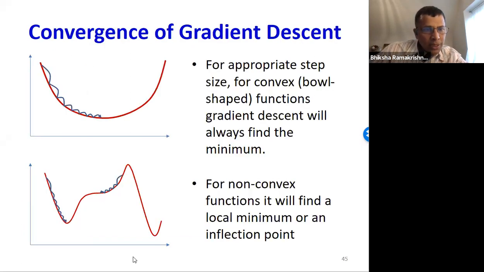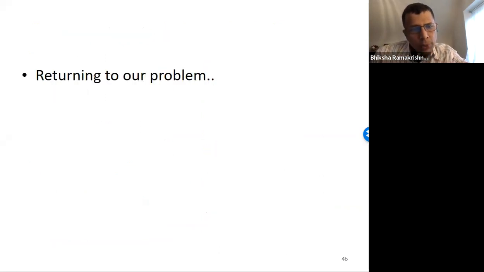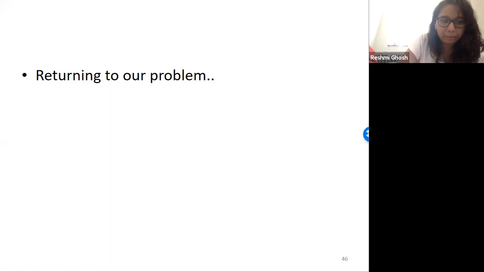And this will work really nicely for functions of this kind. If you've got ugly functions of this kind, then you can get stuck in local minima, you can get stuck in inflection points, nasty things can happen. We will see what can happen in a couple of classes. Questions, anybody? Any questions? Nothing on chat. Okay, fine.